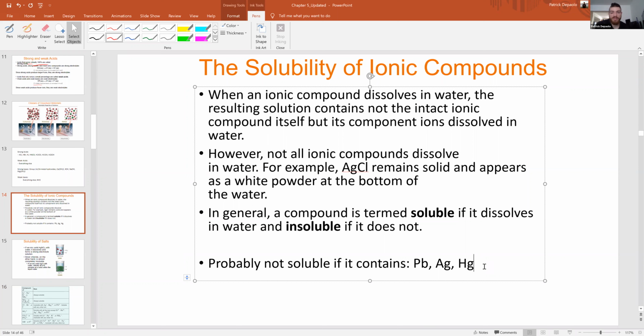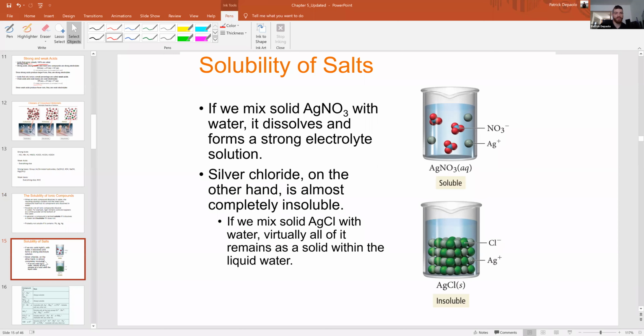If you see those in one of these equations, make that a red flag in your head that it may not be soluble. In some cases it might be. For example, every single nitrate is soluble. Lead nitrate, silver nitrate, mercury nitrate, they are all soluble. But these are the key ions where you mostly get insolubility. We'll talk about that more when we get to the rules.